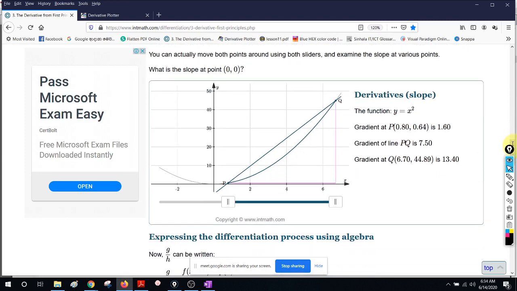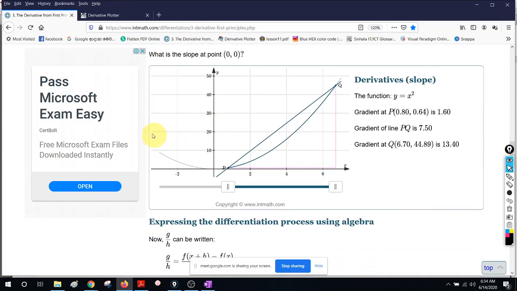Something like this. Assume that our graph is something like this. In this case it is y equals x squared, but it can be anything. Now if I want to find the rate of change at this point, it is the tangent at that point.